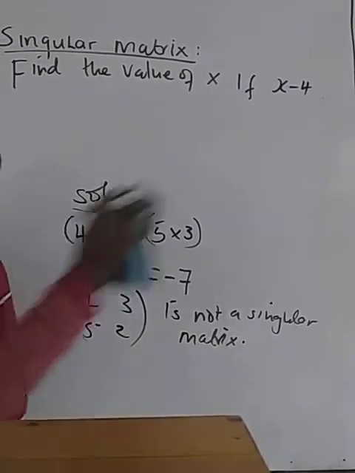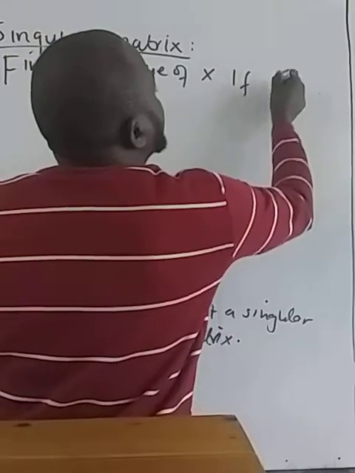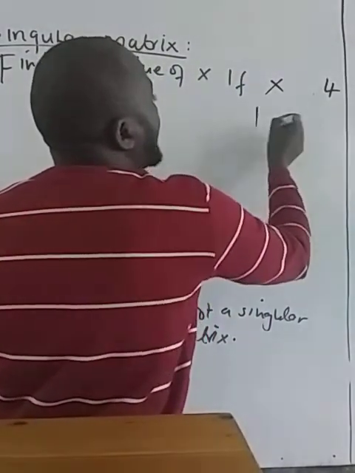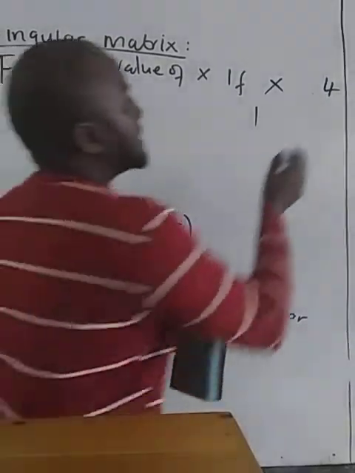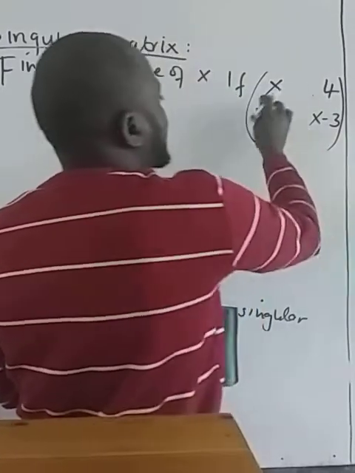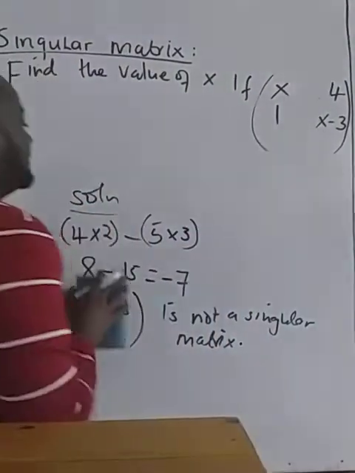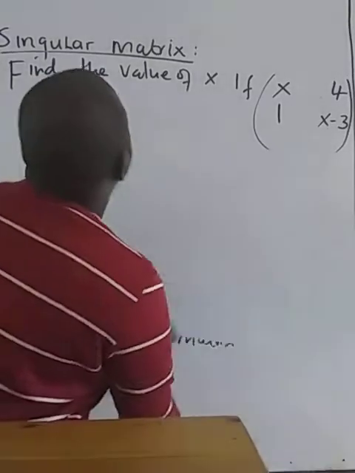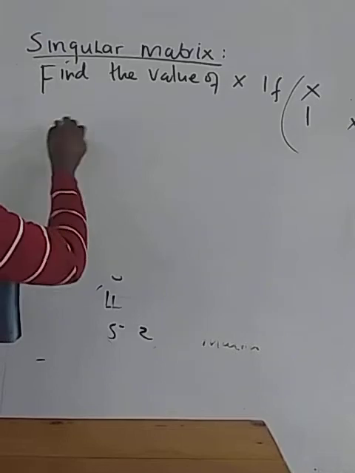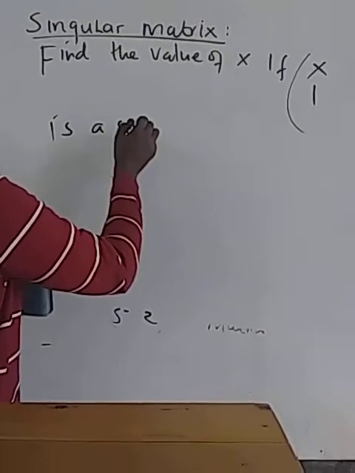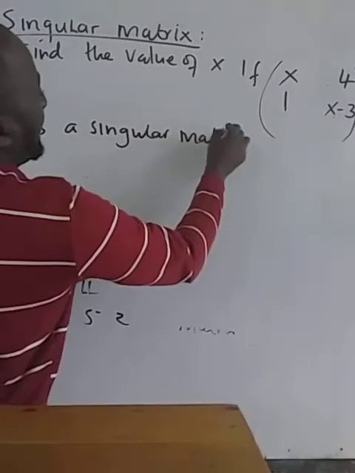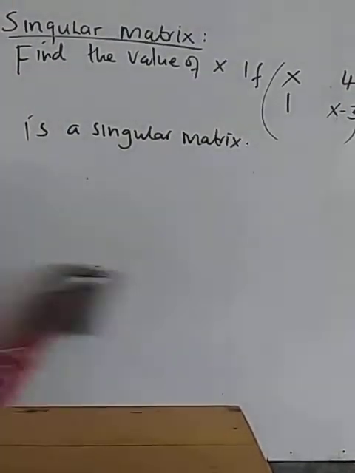Sorry, this is x, the other one is 4, this is 1, this is x minus 3. If you are given this 2 by 2 matrix, then you are told to find the value of x if this matrix is a singular matrix.